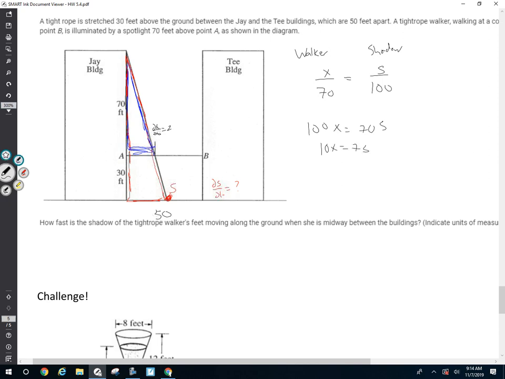Take the derivative: 10 dx/dt equals 7 ds/dt. dx/dt is 2, so ds/dt is 20 over 7. Okay, all right, there you go.